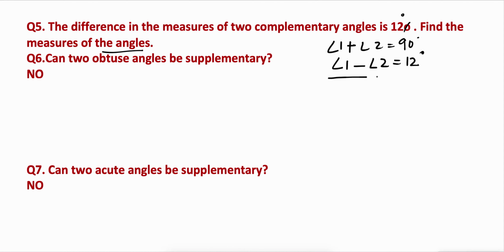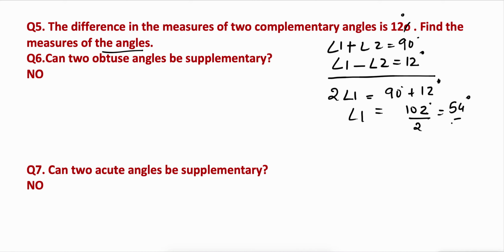This is a simple equation. So 2 times angle 1 will be 90 plus 12 degrees, which comes to 102, and angle 1 will be 102 divided by 2, which comes to 54 degrees. So if one angle is 54 degrees, the other angle will be 90 minus 54, which comes to 36 degrees.